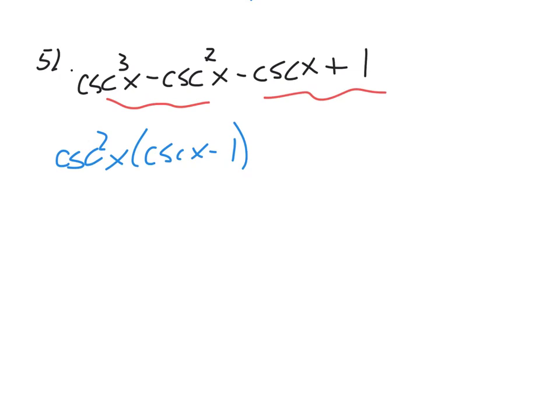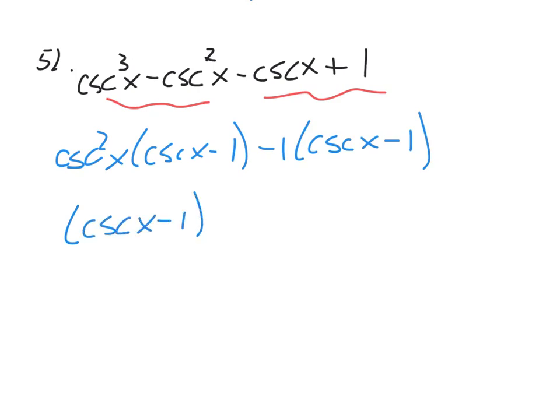In the second group there, I can take a negative 1 out, and I'll be left with cosecant of x minus 1. And so now we have that same situation as we did in the last problem, where we have 1 term and 2 terms, and they both have the same cosecant of x minus 1 as a factor that we can take out. So I'm going to take that out, cosecant of x minus 1, and we're left with cosecant squared of x minus 1.